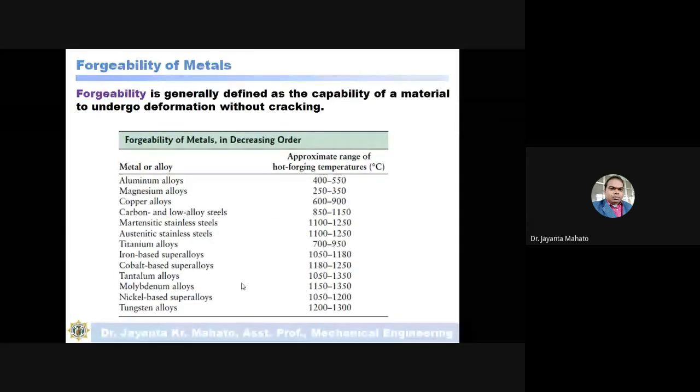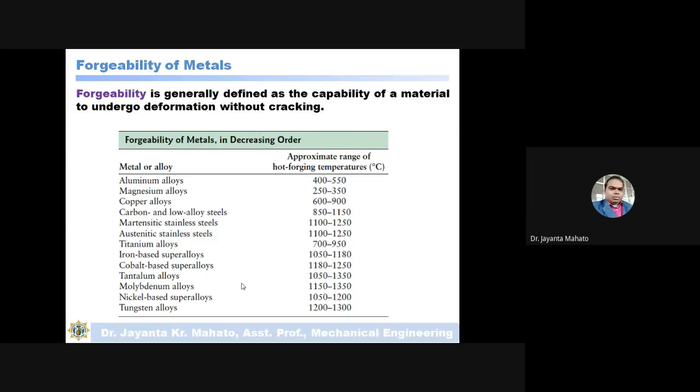What do you mean by forgeability? Forgeability is the ability of a material to undergo deformation, meaning to undergo the forging operation without cracking.